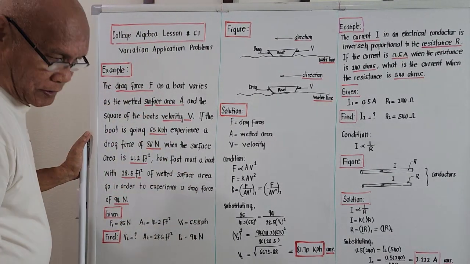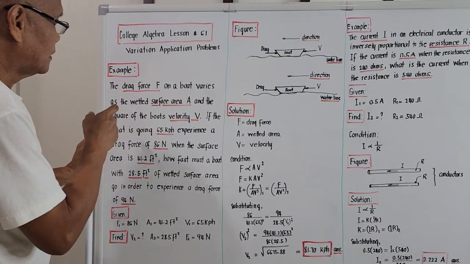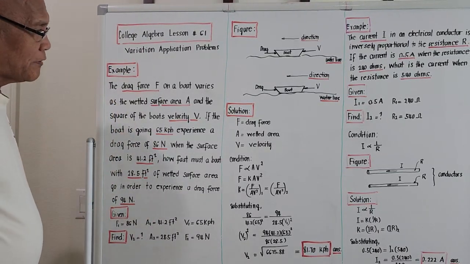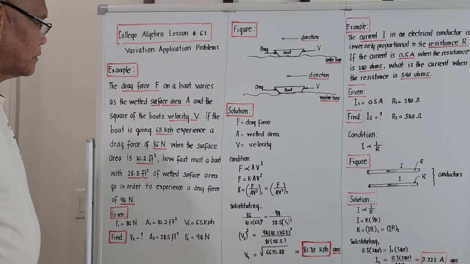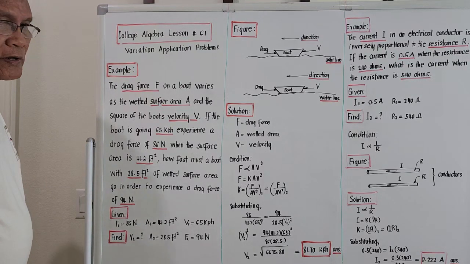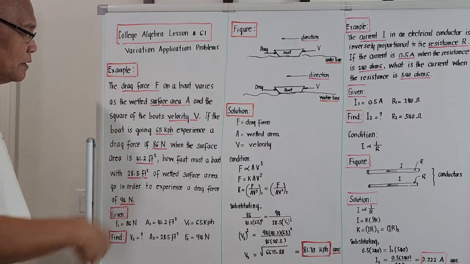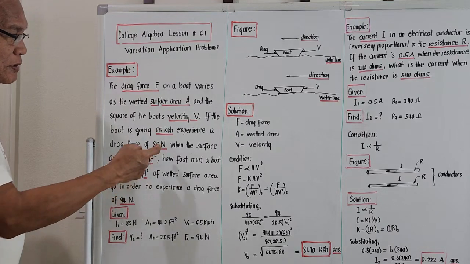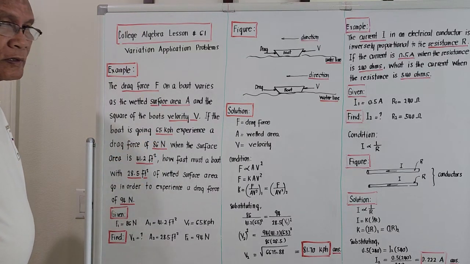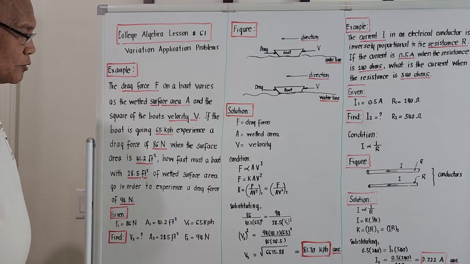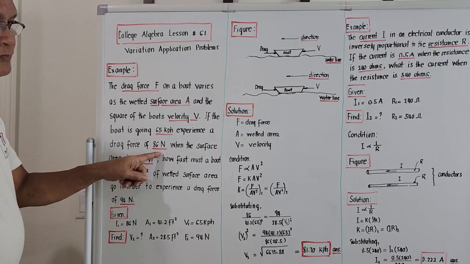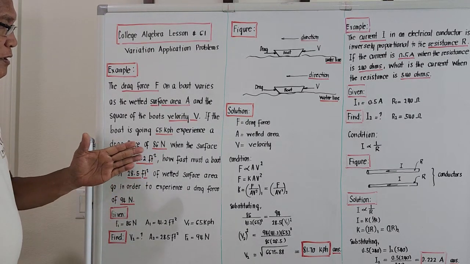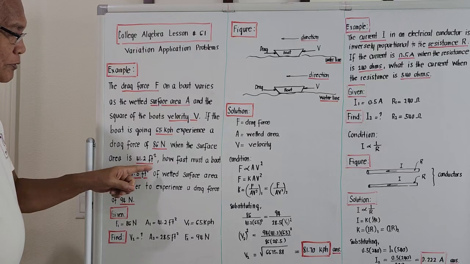I will try to read the problem. The drag force F on a boat varies as the weighted surface area A and the square of the boat's velocity V. If the boat is going 65 kilometers per hour, it experiences a drag force of 86 newtons when the surface area is 41.2 square feet.